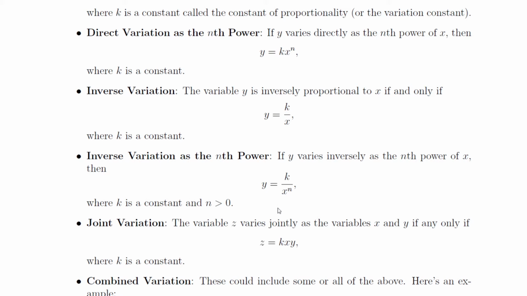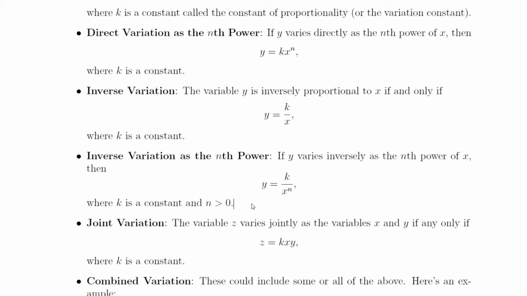Because the properties of exponents state that if I have a negative exponent, that actually means that I can flip the location of it. So if, say for example, I've got a negative exponent in the denominator, I can literally flip it up to the numerator. So then it wouldn't be inverse variation, it would just be direct variation at that point. So that's why n, the exponent, has to be bigger than 0.